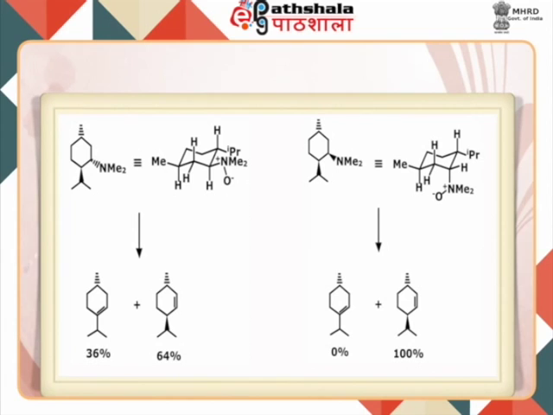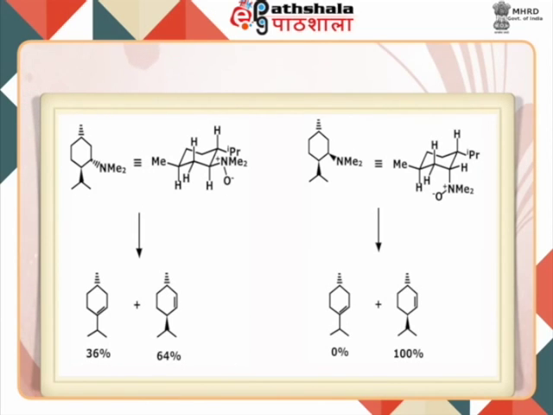Thus, heating the dimethyl menthylamine oxide gives a mixture of 2- and 3-menthene, whereas the isomeric neomenthylamine oxide gives only 2-menthene.